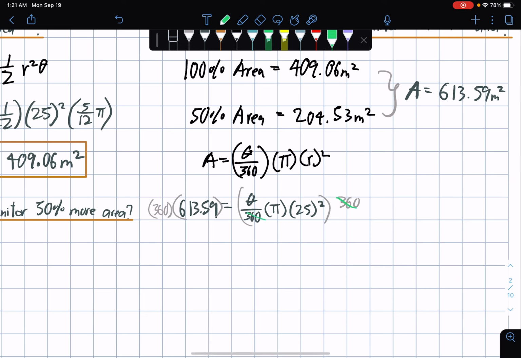So cancel those. 360 times 613.59 is 220,892.4, which is equal to 25 raised to 2 times pi times theta.